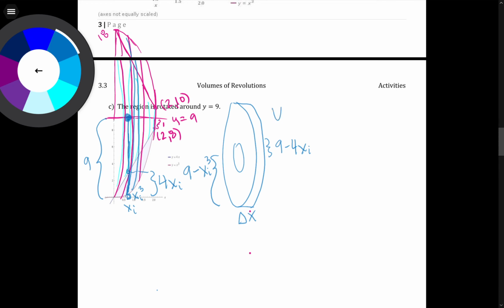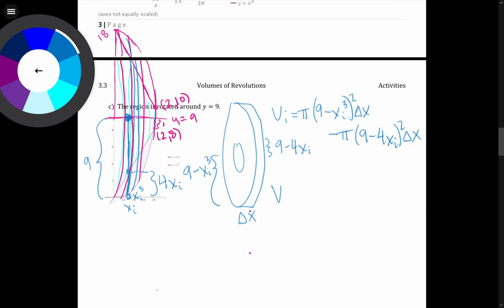Okay, so the volume of my slice is going to be pi times the outer radius squared times delta x minus pi times the inner radius squared times delta x.